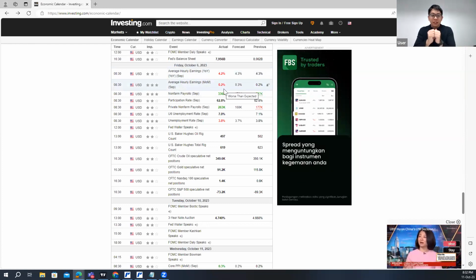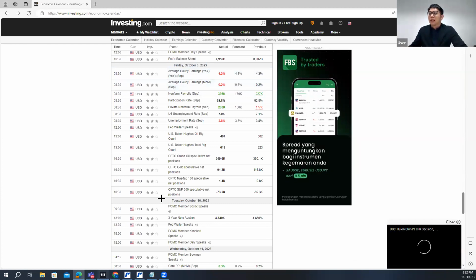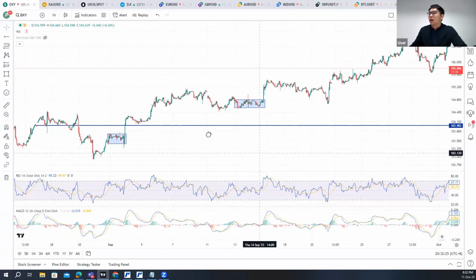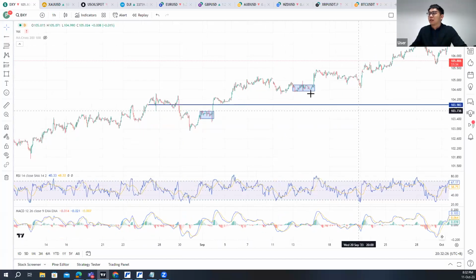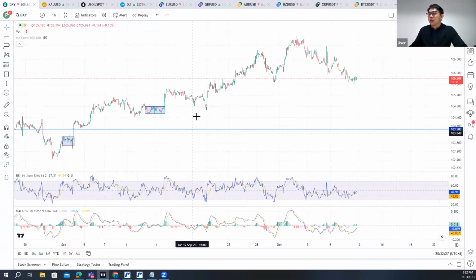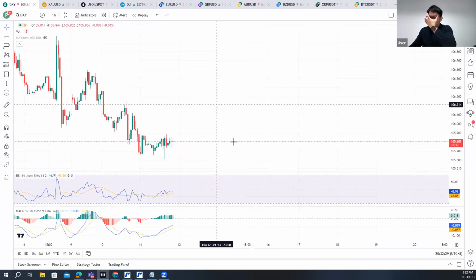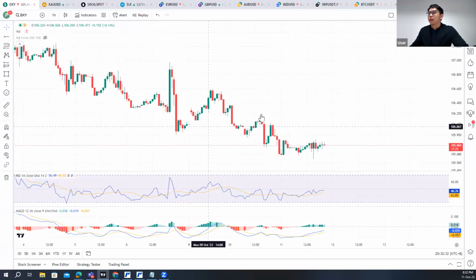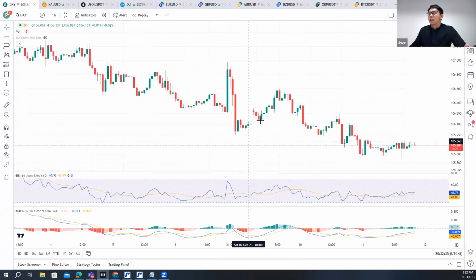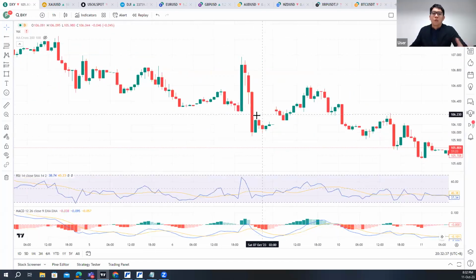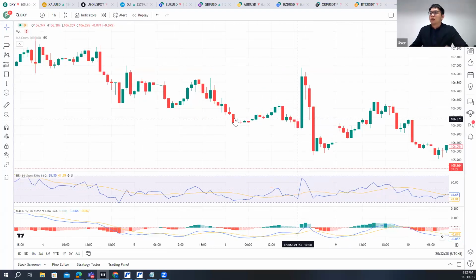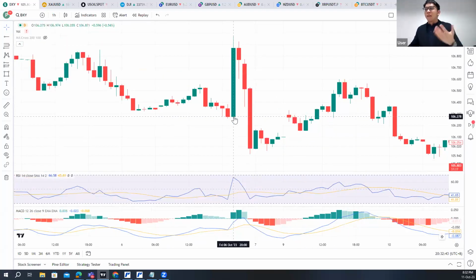We have a mixed result. Let's see what happened on that day. This was last Friday's price pattern when those economic data were released. At first, it did have a very good impact from the non-farm payroll.